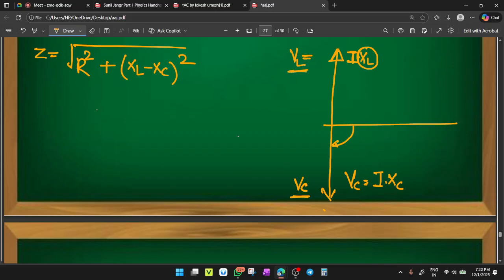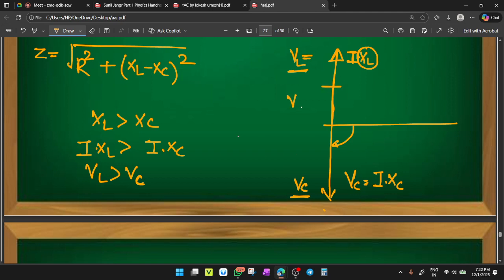So whenever XL is greater than XC, it means IXL will be greater than IXC. So VL, the inductive voltage, will be greater than the capacitive voltage. At that time the phasor will be in the direction of VL, and the resulting voltage will be VL minus VC, because VL is the larger voltage.